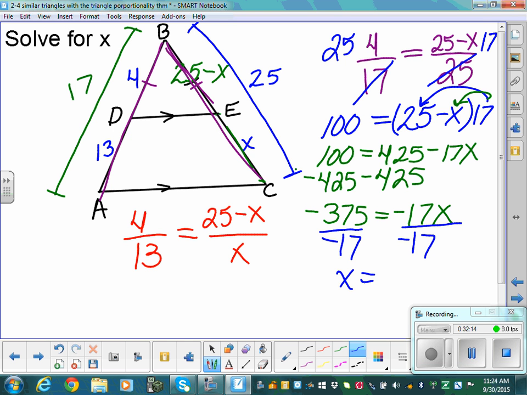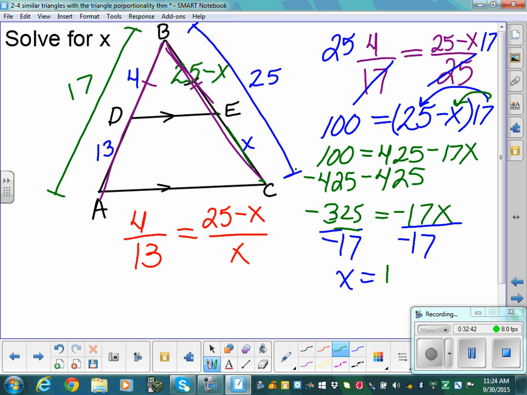Yeah, you guys screwed me up. I listened to you. Okay, this is where we went wrong. 100 minus 425, guys, is negative 325. Right? Right. Yes. That's where. So negative 325 divided by negative 17.